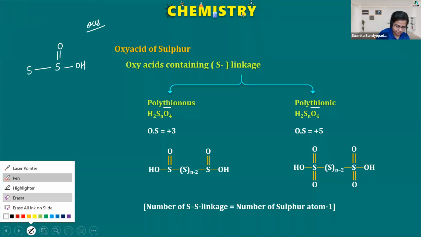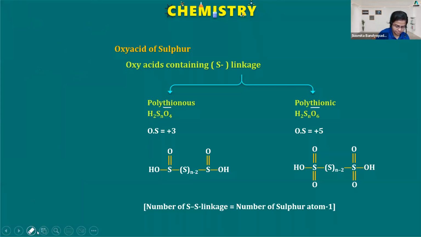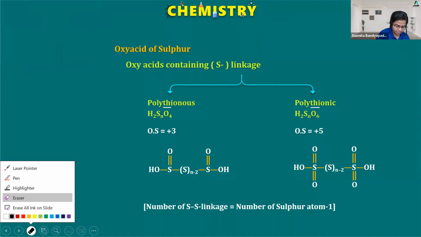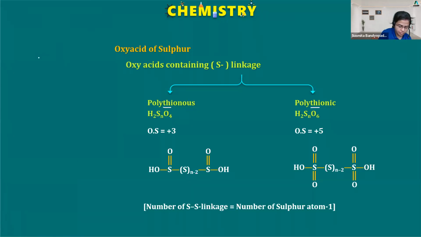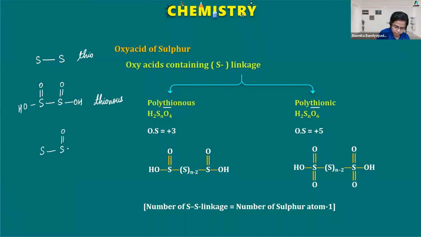What did I say? I'll repeat once again. For thio, I will put this. Thionous acid: one double bond, one OH.